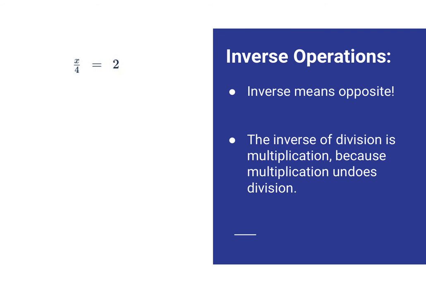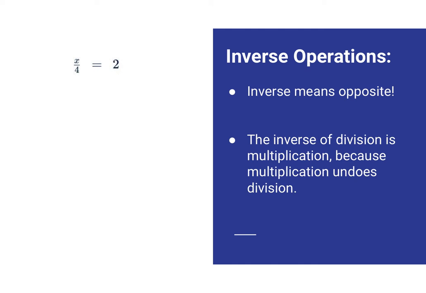And inversely, meaning opposite, if we have division, so right here we're saying some number divided by 4 is equal to 2, then we can use an inverse operation of multiplication to undo that division.